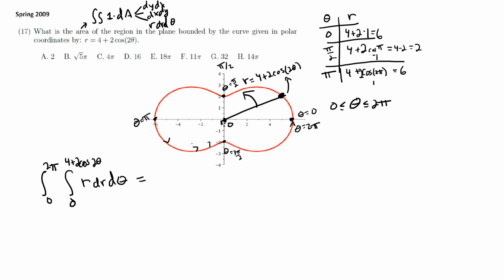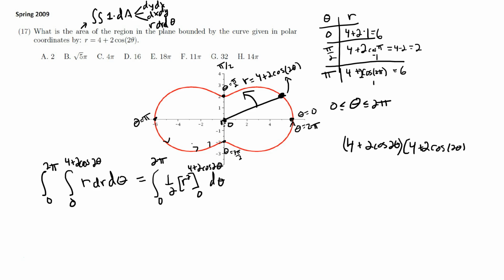And so we integrate and we get 1/2 of r squared. There's still this outside integral from 0 to 2 pi, and we still have to evaluate at these bounds, so we're going to have to take 4 plus twice the cosine of twice theta and square that out.